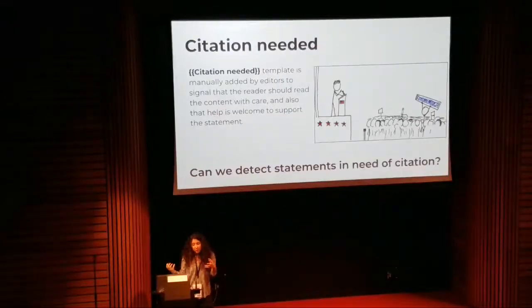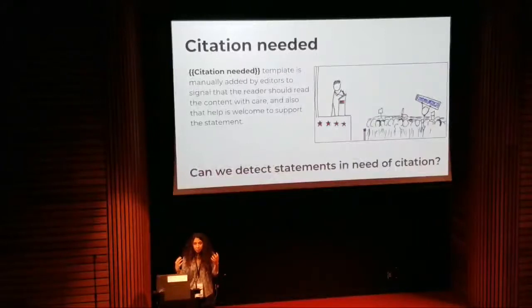With the pace and the growth of Wikipedia, adding citation needed tags sometimes is not possible, even for larger editorial communities in all areas and in real time. So we thought, can we help with machine learning? Can we help editors understand areas of content that are missing citations?